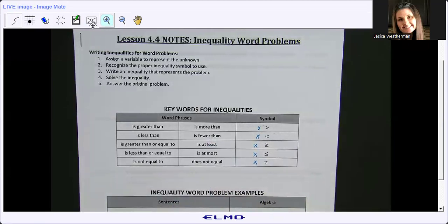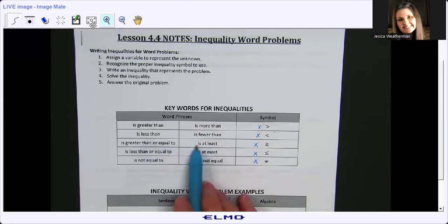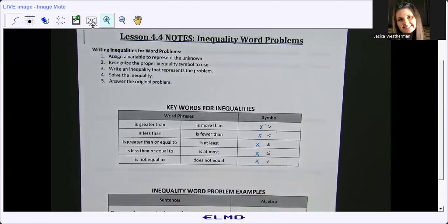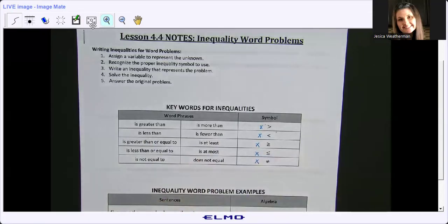And when we go through the word problems, I'll explain this a little bit more. Is fewer than also means less than. Is at least, meaning that it is at least this amount, but it can be more. All right. Is at most, meaning it can't be more than. So it's less than or equal to. And then, of course, it does not equal.